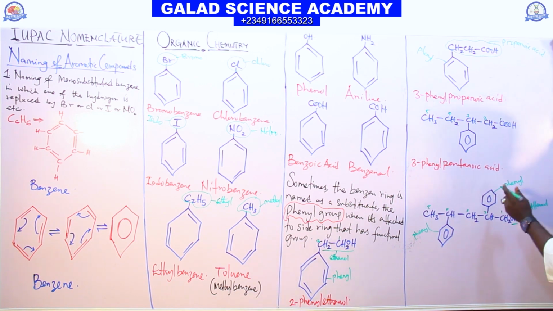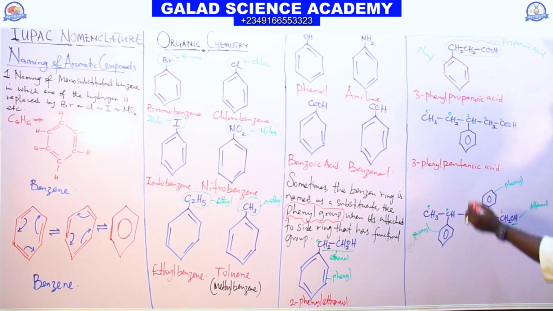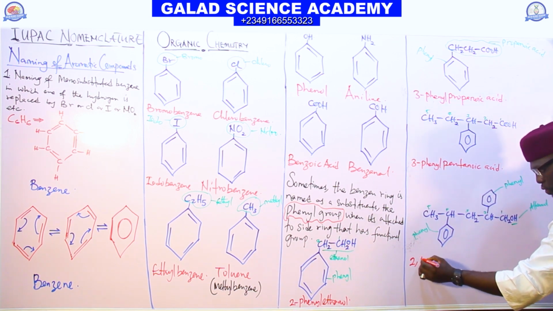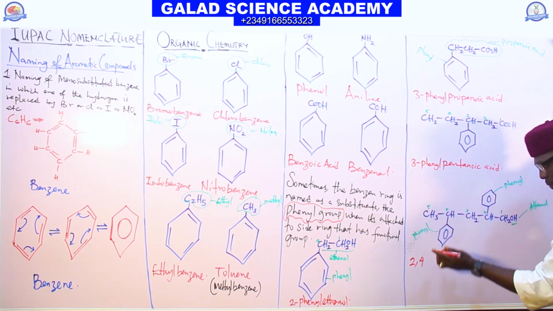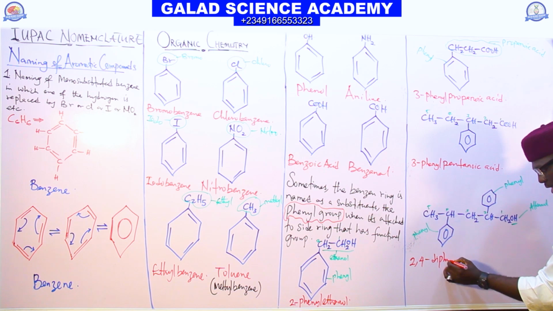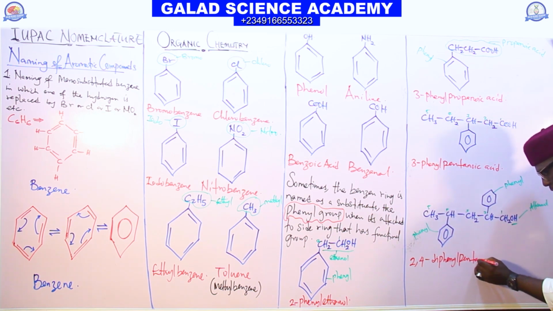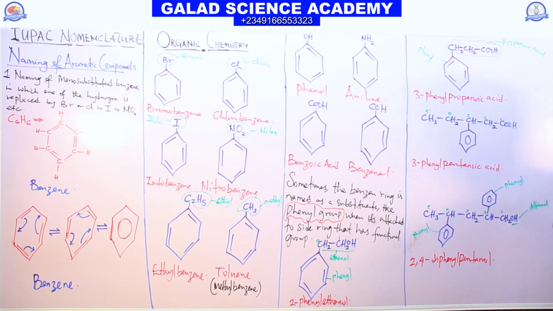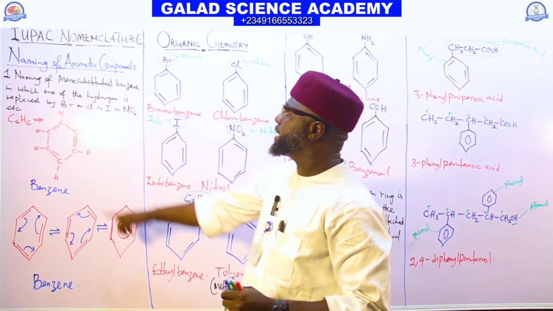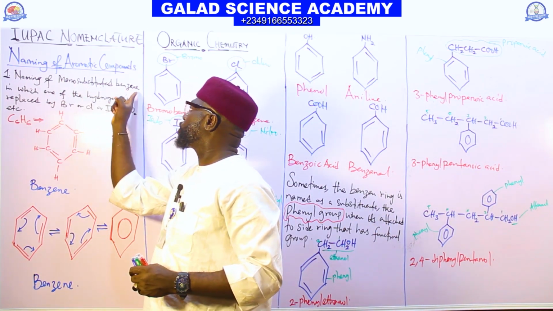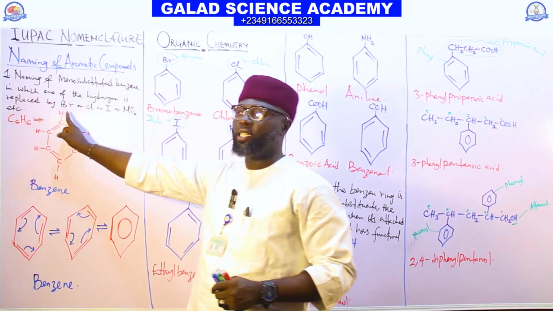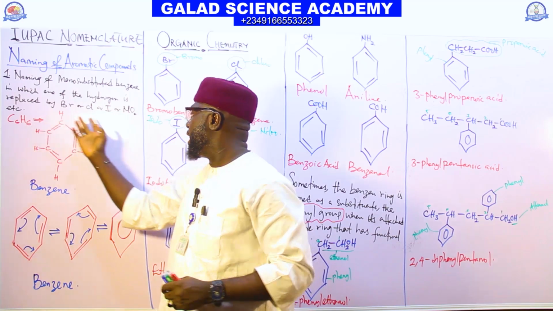So the name of the compound will be 2,4-diphenyl-1,2,3,4,5-pentanol. So that is all about the naming of monosubstituted benzene, in which one hydrogen is replaced.